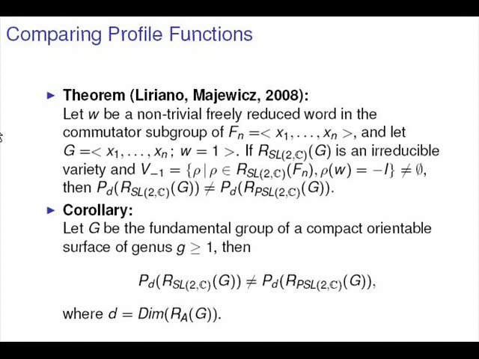So now we are getting into comparing profile functions. I'm going to state a theorem that allows us to take excursions into surface groups, orientable and non-orientable ones, but I will only deal with orientable surface groups. Let W be a non-trivial, freely reduced word in the commutator subgroup of F_n, the free group of rank n, and let G be this.